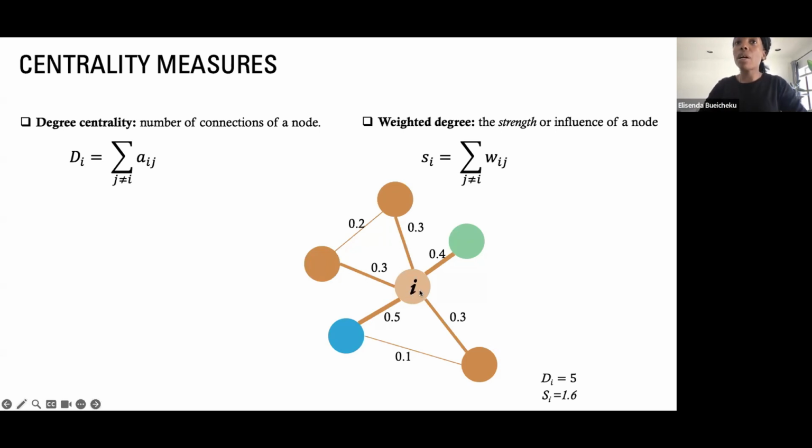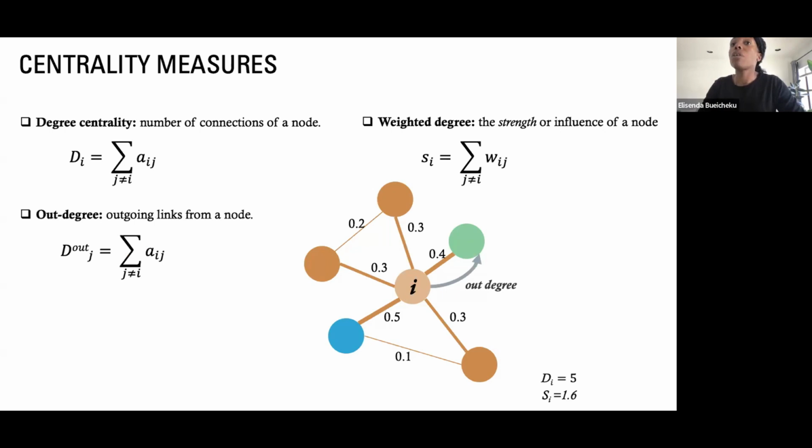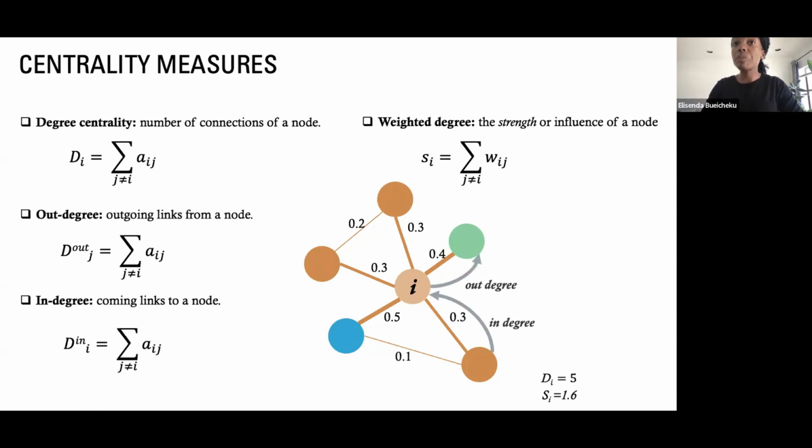Whenever we speak about information traveling from our node I to another node, we talk about out degree. Whenever we look into the information coming into our node, we talk about in degree. So out degree is information going outside of our node, and in degree is information coming inside our node.